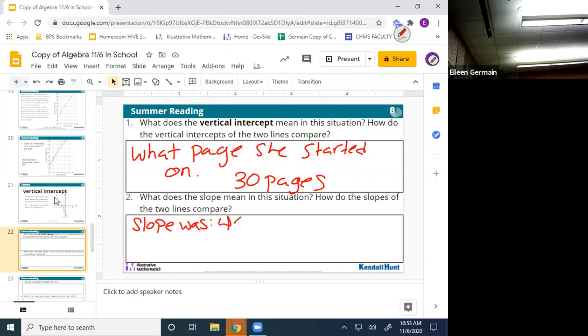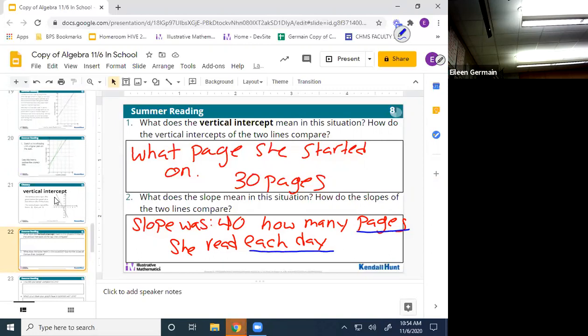And the 40 represented what? Each day. Very good. You had both pieces there: how many pages she read each day. Both pieces need to be there because we're talking about something per something: number of pages for every day. Good. Wonderful.